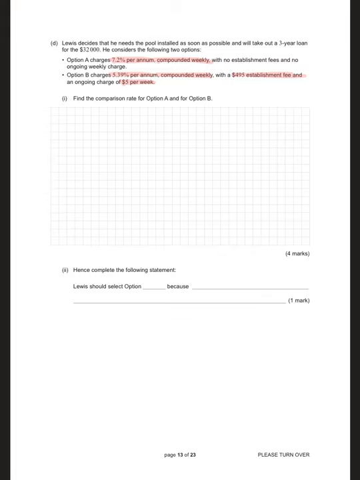So option A. Remember, the comparison rate of a loan is just the rate when there's no fees and charges. So comparison rate is 7.2% per annum as no fees, charges. So lucky for you, you don't need to work that out. Please don't waste time working that out.